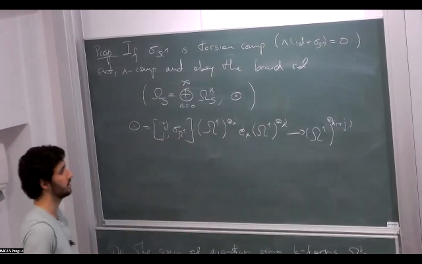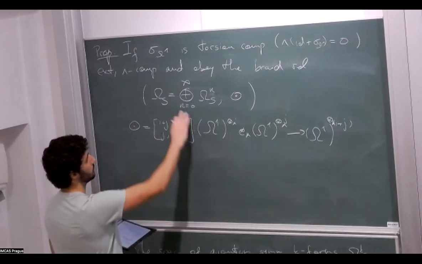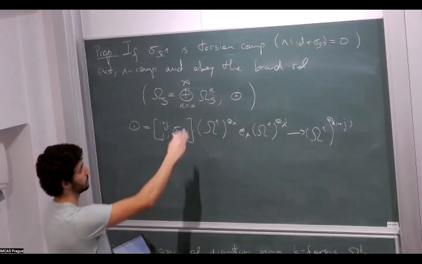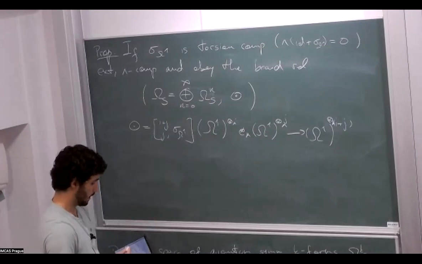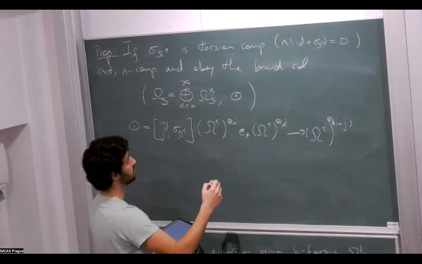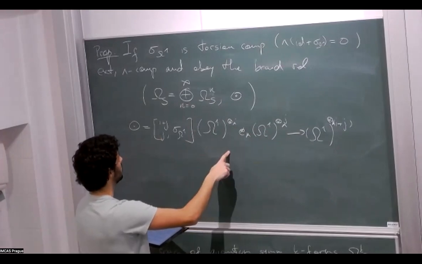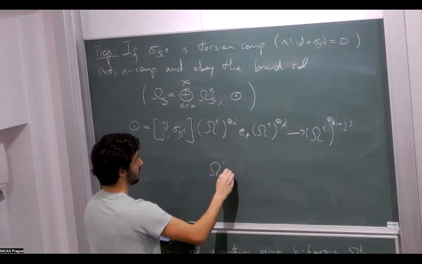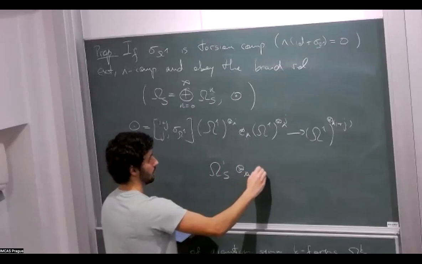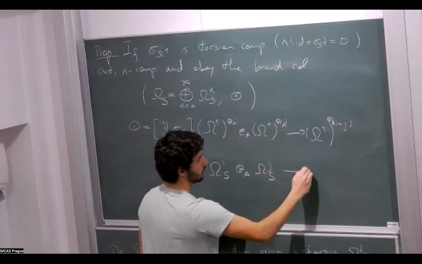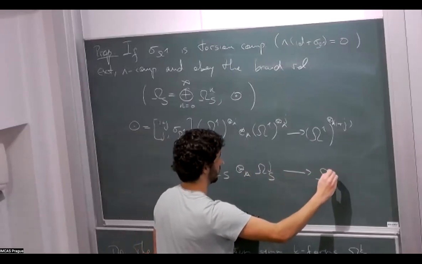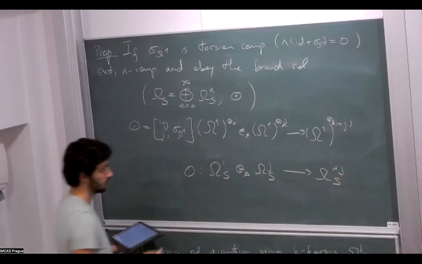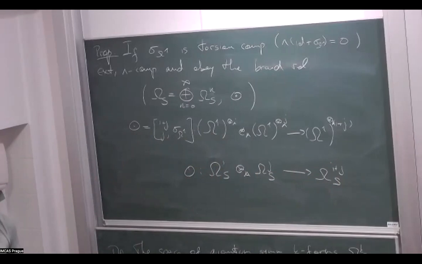Shan and Tao proved in 2015 that this reduces to omega i s tensor over A omega j s going to omega i plus j s. So you'd have a product like this.